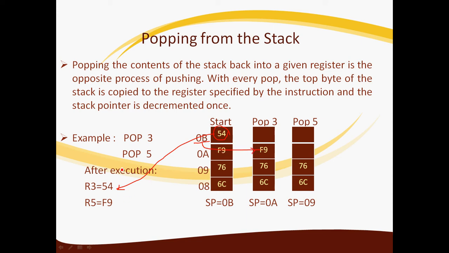And in the command POP 5, the data stored in the location pointed by the stack pointer, that is F9, moves to R5. And in the next step the stack pointer is again decremented by 1, and it now points to 09. So that's how we retrieve data from the stack.